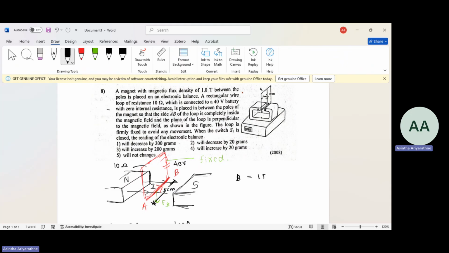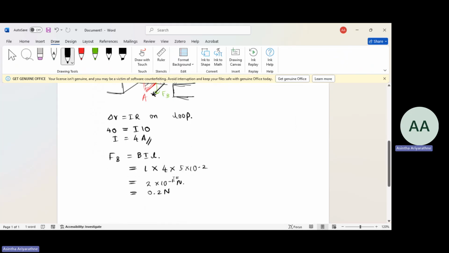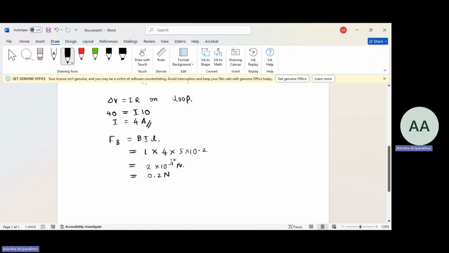So there is a force acting upward, FB, on the magnet, and that is also equal to this value, 0.2 Newton.